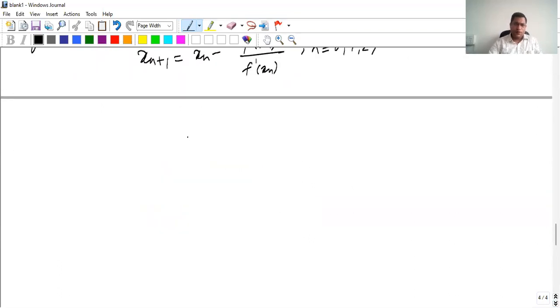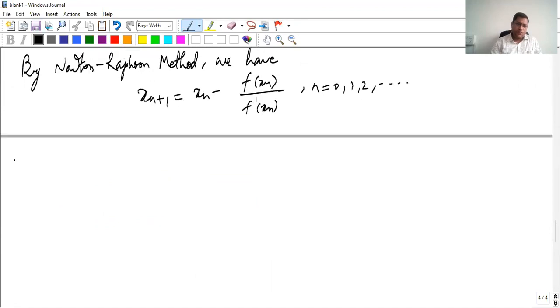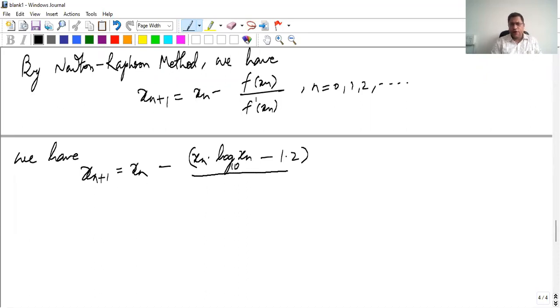Now let us see what we have. x n plus 1 is equal to x n minus x n log of x n to the base 10 minus 1.2. This is f of x n. And here we got log of x n to the base 10 plus 0.434294. That's what we have calculated.